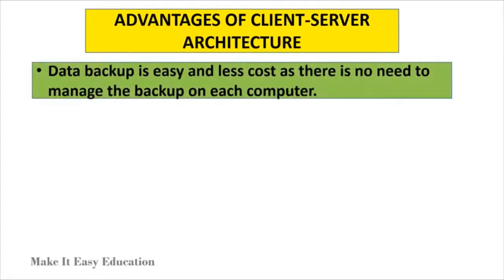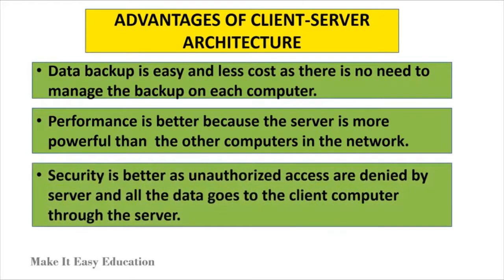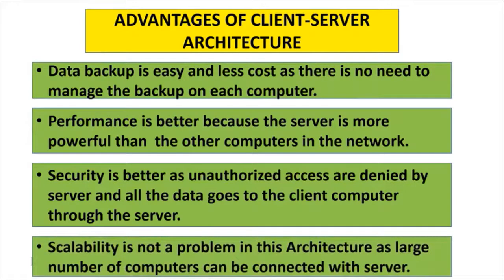Data backup is easy and less costly, as there is no need to manage the backup on each computer. Performance is better, because the server is more powerful than the other computers in the network. Security is better, as unauthorized access is denied by the server, and all the data goes to the client computer through the server. Scalability is not an issue in this architecture, as a large number of computers can be connected with the server.